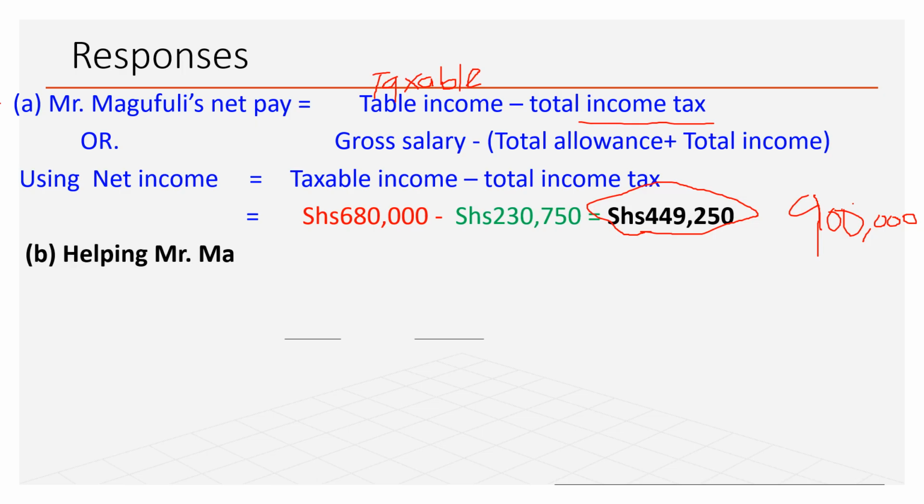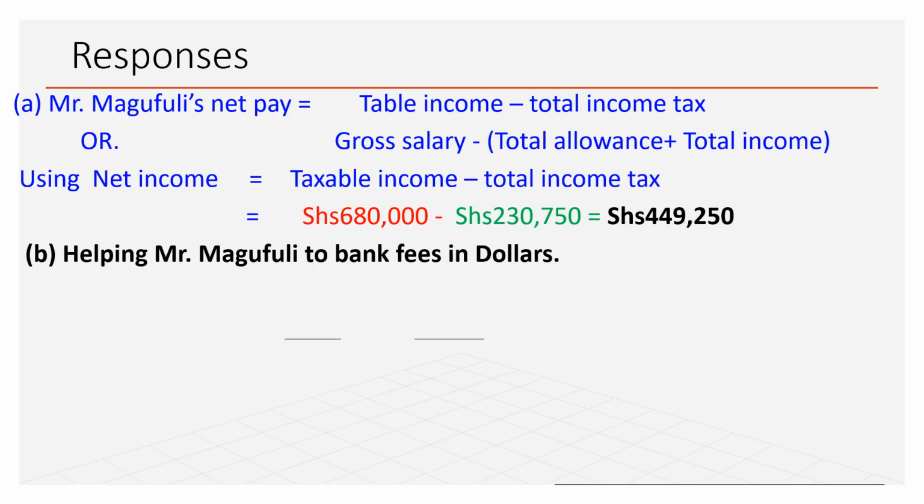Well, so part B, the task is helping Magufuli to bank the fees in dollars. So this is knowledge of exchange rate, changing money from one currency to another. You need to know that the exchange rate keeps on changing, so you have to be updated.